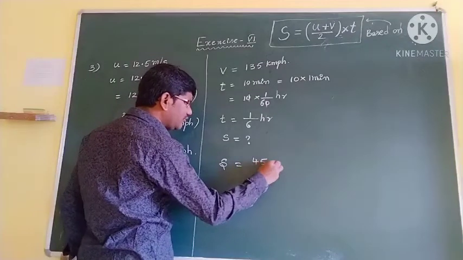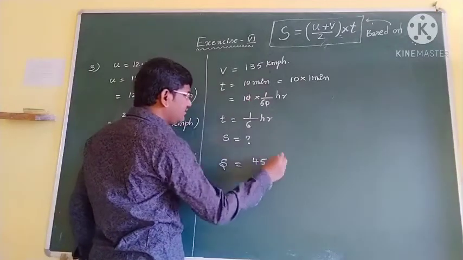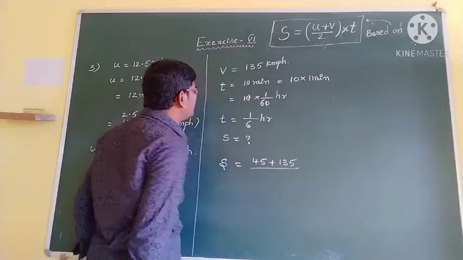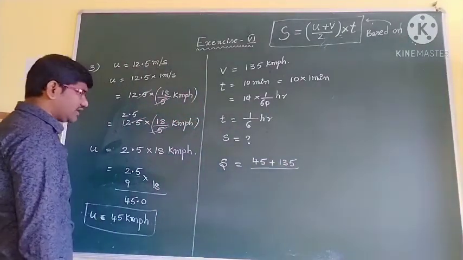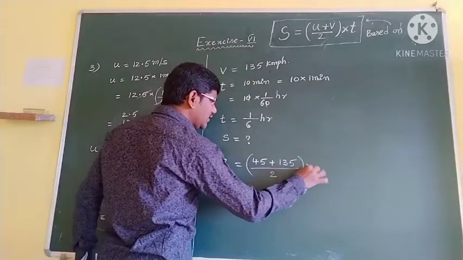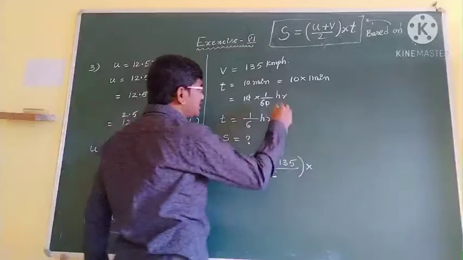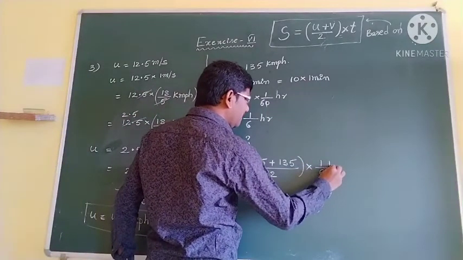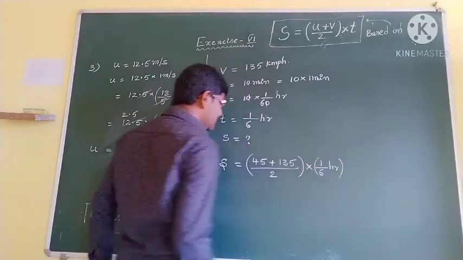So U value 45 and V value 135. So 45 plus 135 by 2, into time, 1 by 6th of the hour.